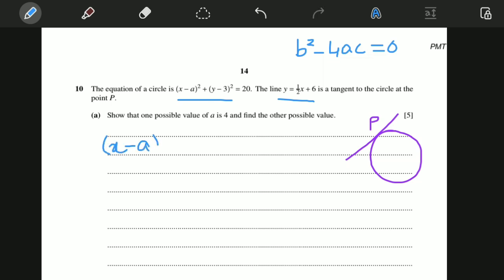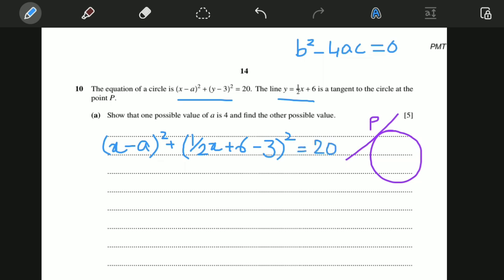x minus a whole square plus y minus 3 whole square equals 20. We are going to substitute the value of y in it. I am doing it in the same step: half x plus 6 minus 3 whole square equals 20.